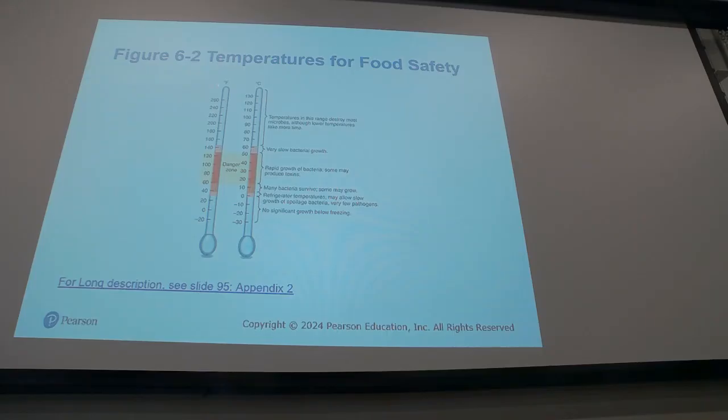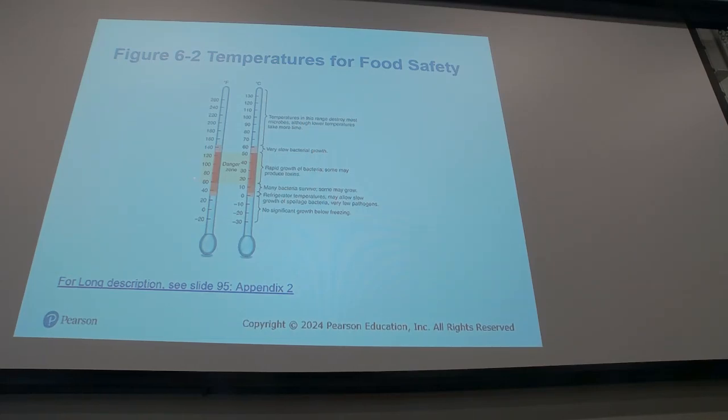And this thermometer on the left is in Fahrenheit, while this one on the right is in Celsius. So the danger zone, or the danger temperature, is where bacteria rapidly grow. And some bacteria not only grow, but produce substances that are toxic for us that we call toxins.